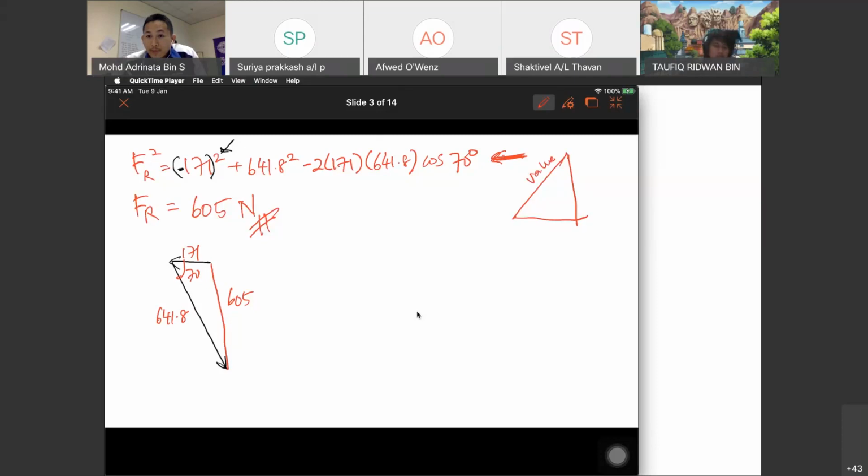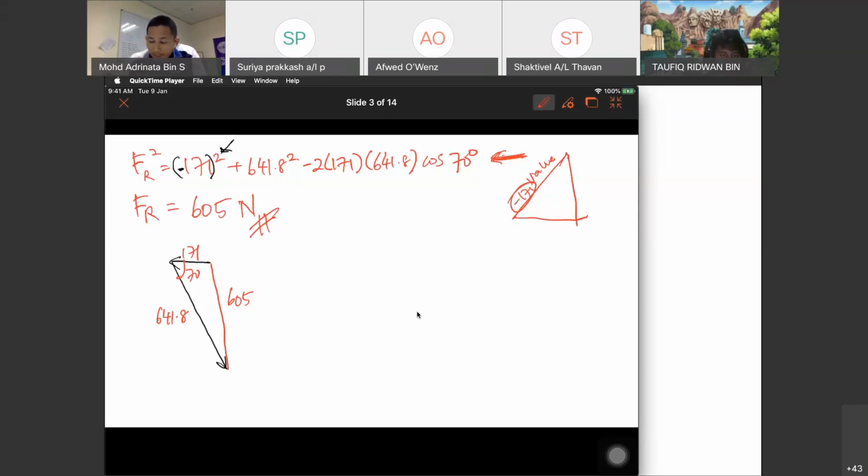Okay, so the value of the triangle, because there are no negative value in triangle. So in this one, you don't need to put negative. Okay, so this one is from the cosine law. So it depends on the triangle. So the value of the triangle, not the Fx direction in our statics. Okay. Then from this one, there are five minutes left.